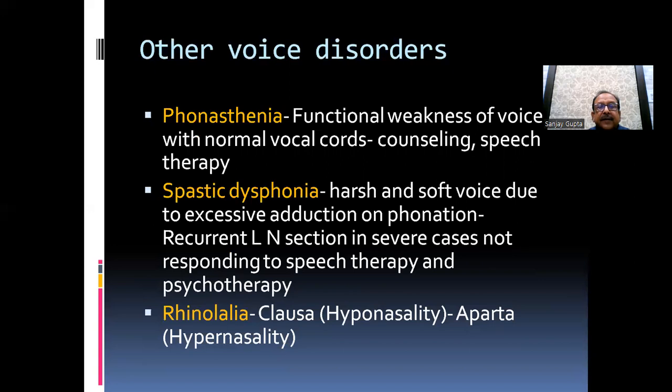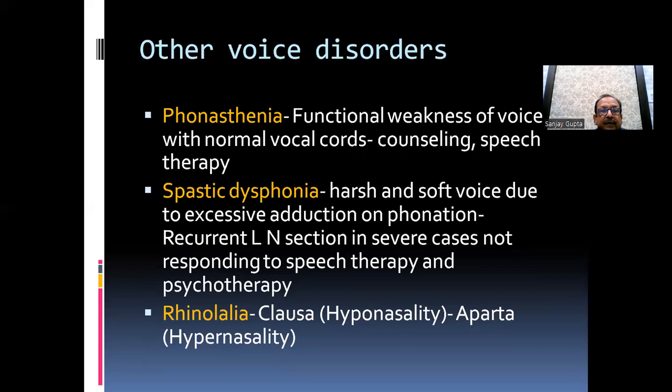Spastic dysphonia is another condition which results in a harsh and strained voice due to excessive adduction on phonation. This can be treated by recurrent laryngeal nerve section in severe cases which are not responding to speech therapy and psychotherapy.